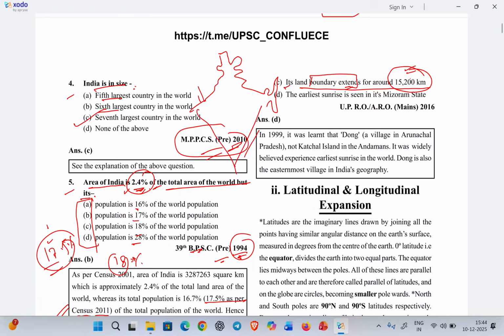In the south we have the Bay of Bengal, and over here we have the Arabian Sea, and here we have Pakistan, Afghanistan, China, Tibet, Nepal, Bhutan, Myanmar, Bangladesh. India's land border means where the land is connected. So this area which I'm marking right now is 15,200 kilometers, at present also.